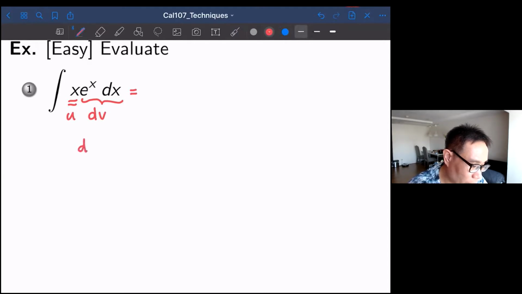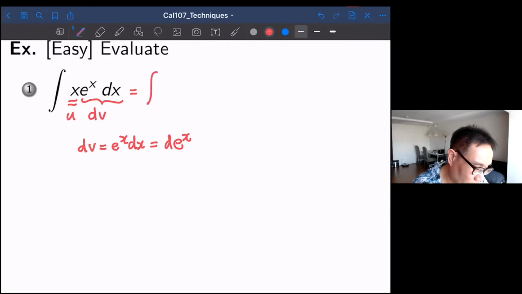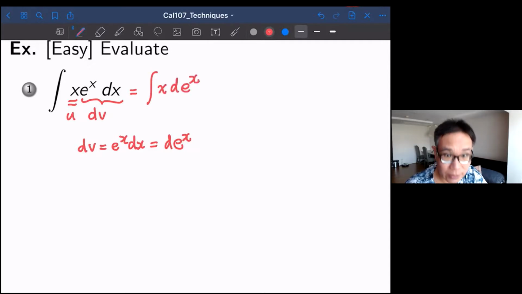It's dv equal to e to the x dx. And you may ask, why do I write d e to the x? Well, if you differentiate e to the x, it's gonna be e to the x, right? So for this one, you may write it as x d e to the x.